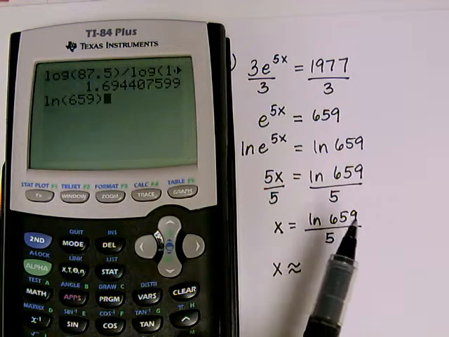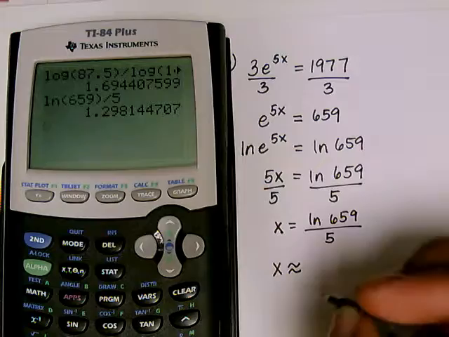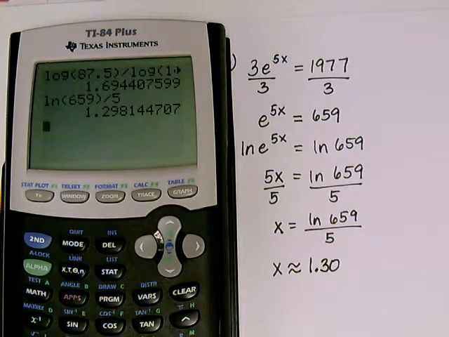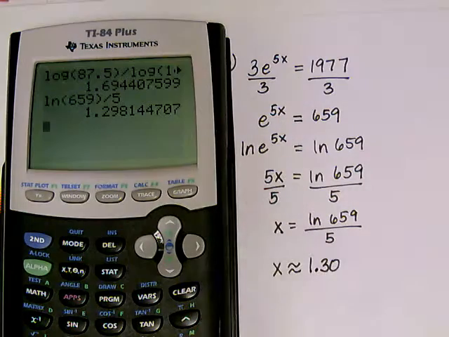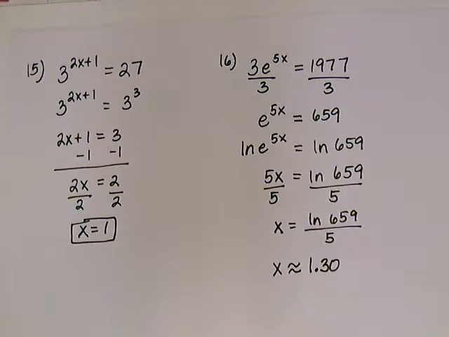And that's going to be divided by 5. And you'll get 1.298144707. To 2 decimal places, it'll be 1.30, because that 8 will make that 29 a 30. So it'll be 1.30 approximately. So that's the approximate value of x for this exponential equation.